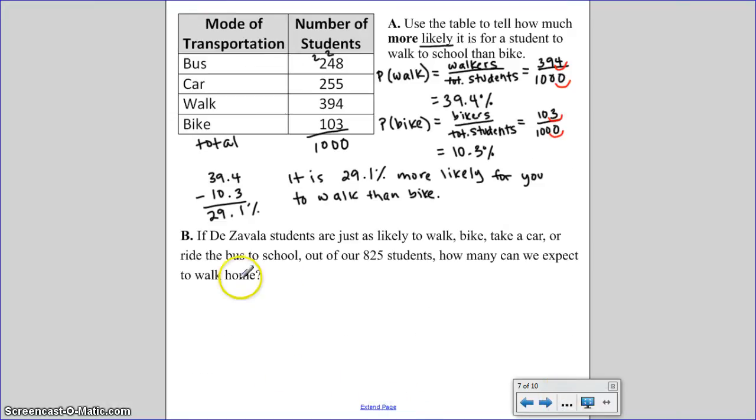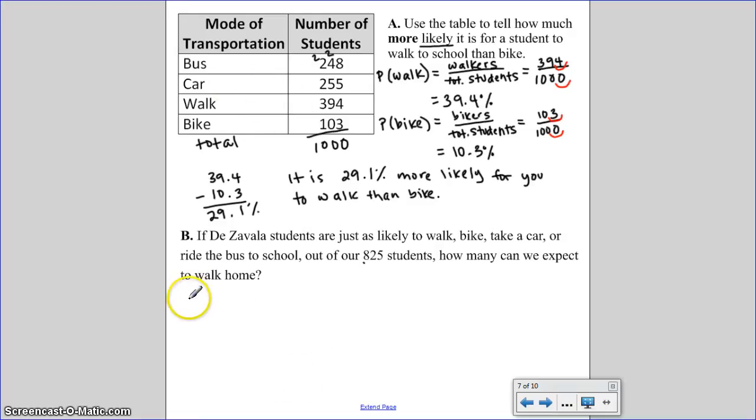Okay, so here, this last example says, if De Zavala students are just as likely to walk, bike, take a car, or ride the bus to school, out of our 825 students, how many can we expect to walk home? All right, well, we know that it's just as likely for our De Zavala students to walk, bike, take a car, or ride the bus home as this school, whatever school that is.